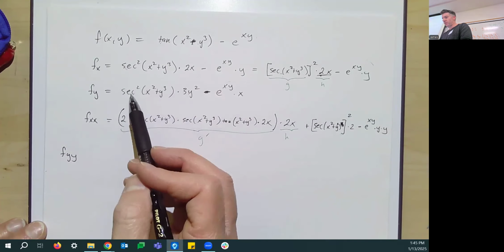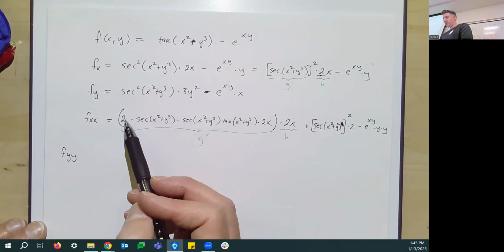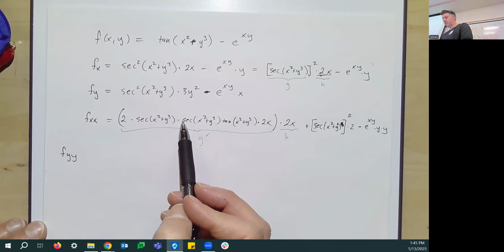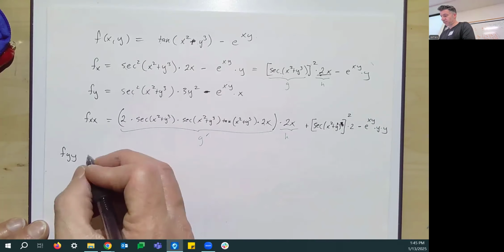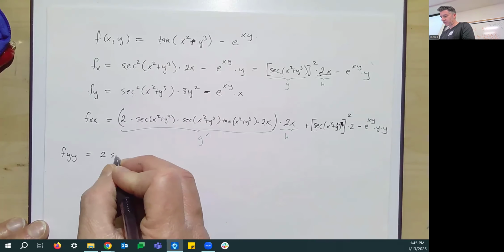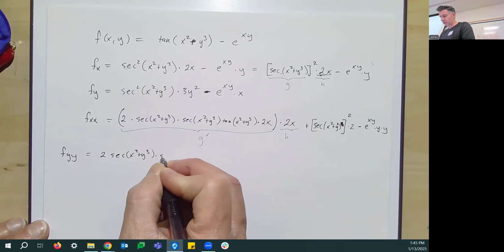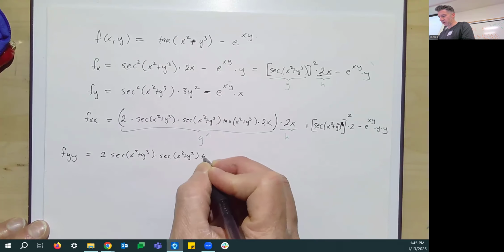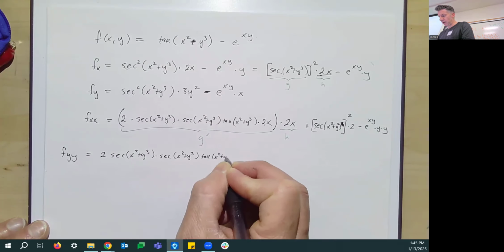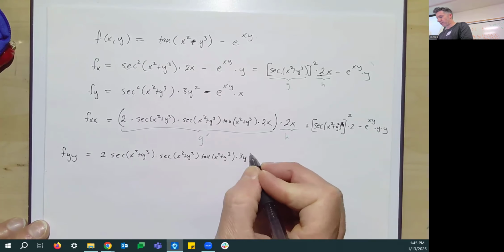So it's the derivative of this piece. Okay, great. We saw last time that the derivative of secant squared of some stuff is 2 times secant of your stuff times tangent of your stuff times the derivative of your stuff. Ugh, gross. You get 2 times secant of x squared plus y cubed times secant of x squared plus y cubed times tangent of x squared plus y cubed. But now the derivative we have to multiply by is 3y squared.